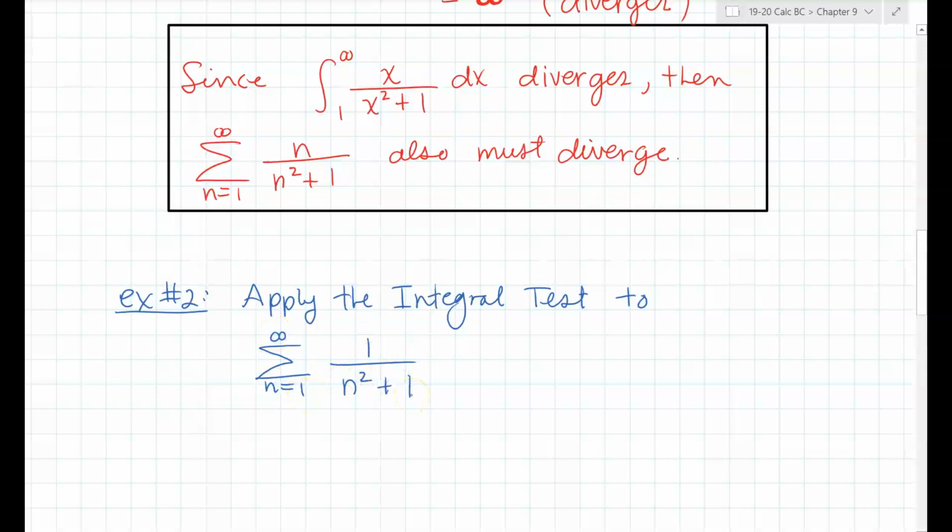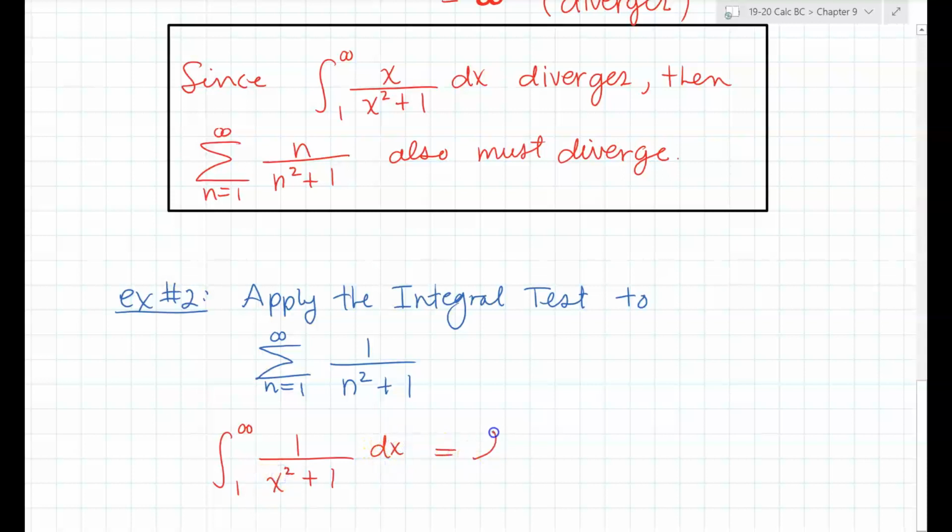This is the one that we just saw on the graph. It does fit the definitions of a decreasing function, a positive function, and a continuous function. So what we're going to do is integrate from 1 to infinity, 1 over x squared plus 1 dx.